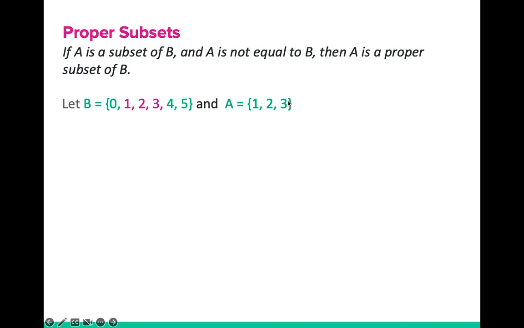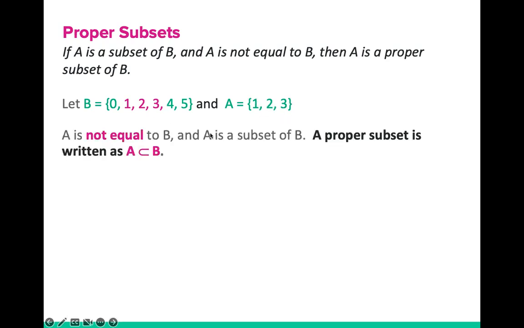From this, we can already see that A is a subset of B, given that all of the elements of A are also in B. But we can say also that A is not equal to B, because there are some elements in B like 0, 4, and 5 that are not in A. So A is not equal to B, but A is a subset of B. So we can say then that A is a proper subset of B. And we can denote it using this symbol.